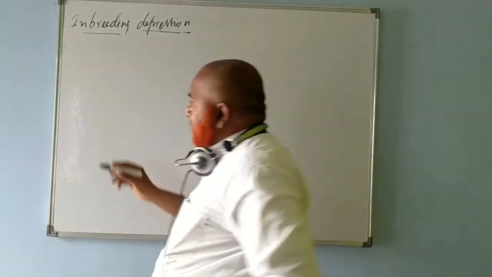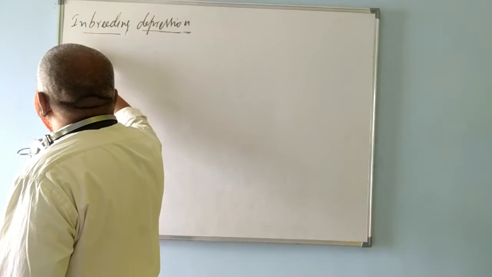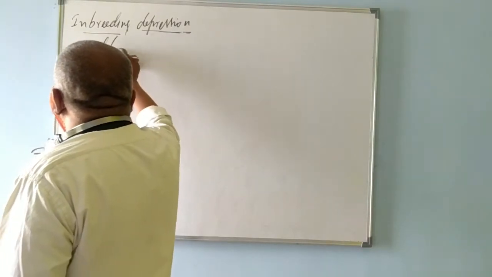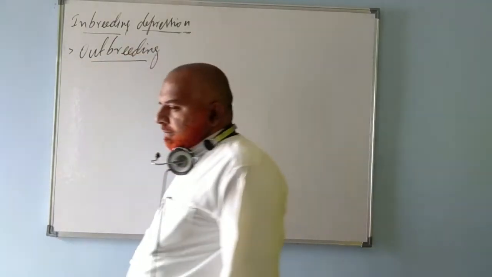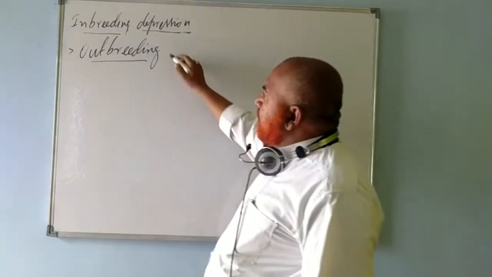Now let's move on to the second type. What is the next? Outbreeding. In outbreeding, what do you mean by outbreeding?